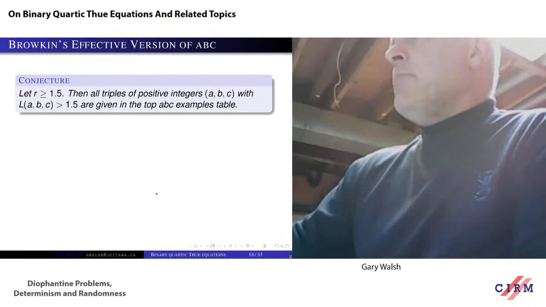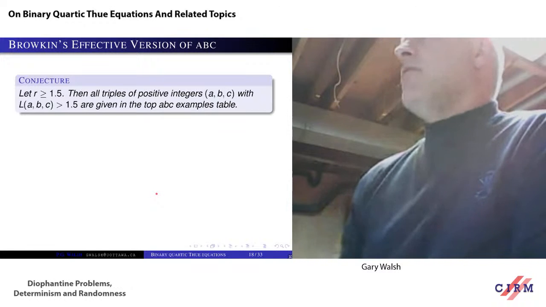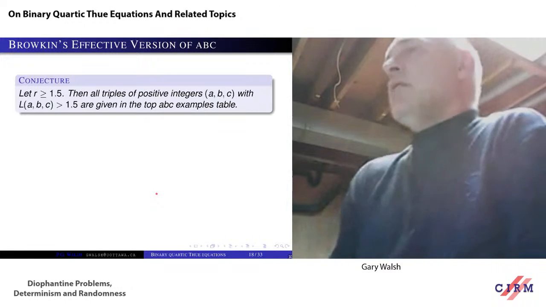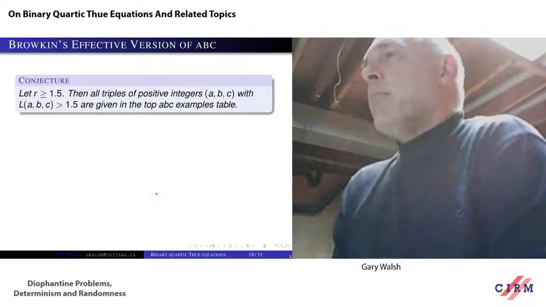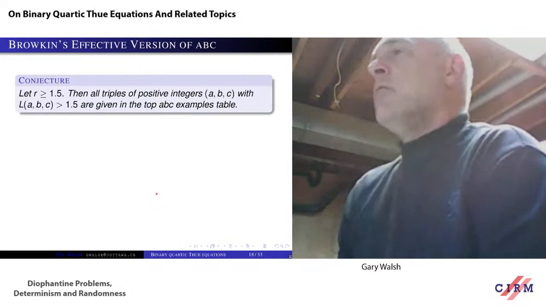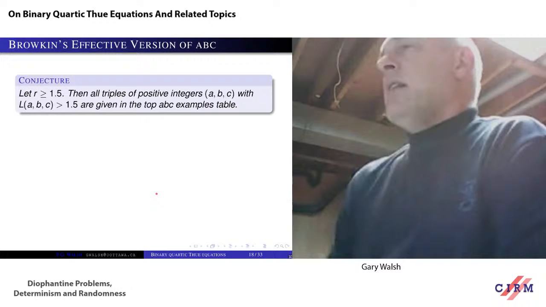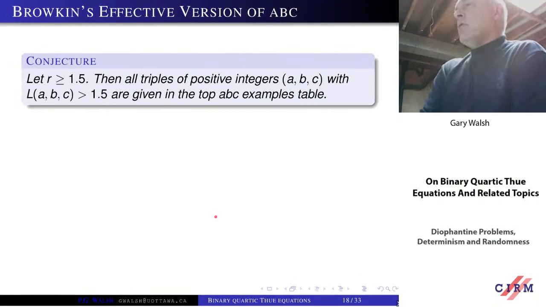But what I said before is we really want an effective version of ABC, and this was proposed by Baker a few years ago. He said that if the value of L is bigger than 1.5, then all positive integers satisfying ABC with the value L bigger than 1.5 are given in the table that I just showed.